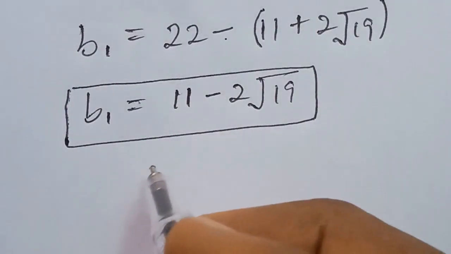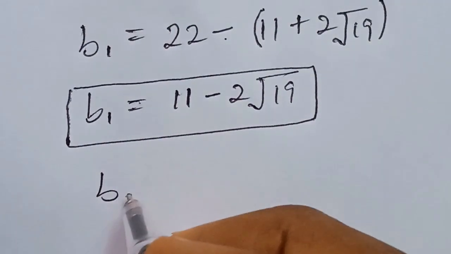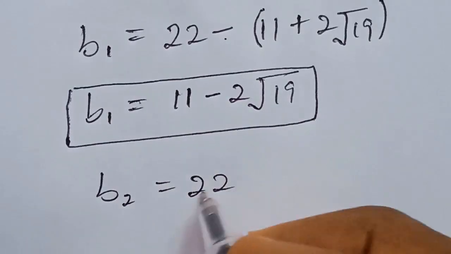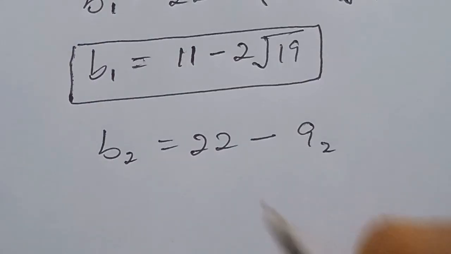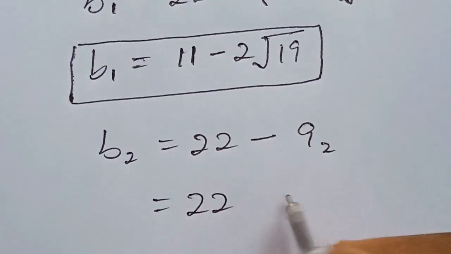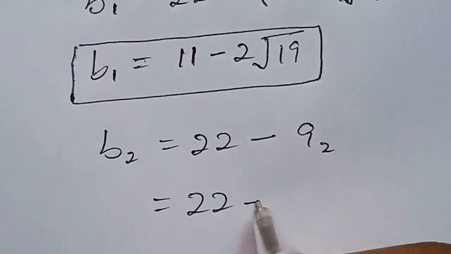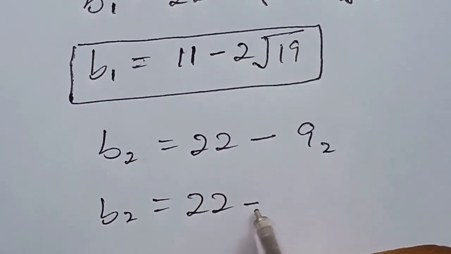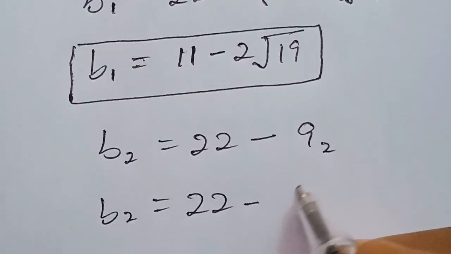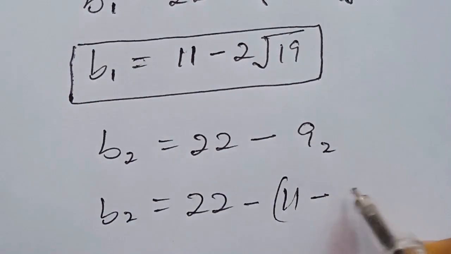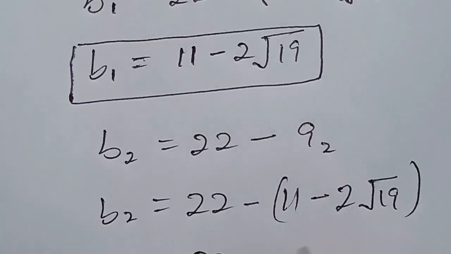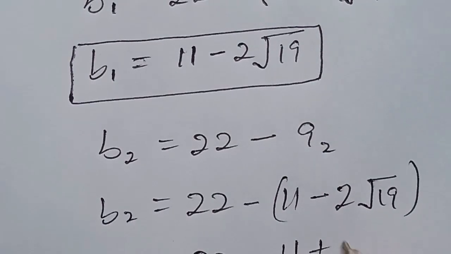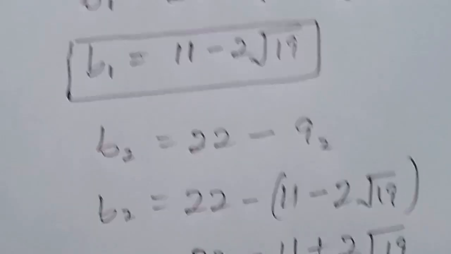Then to get b2, we have b2 equal to 22 minus a2. Our a2 is given as 11 minus 2 square root of 19. So this becomes 22 minus 11, then plus 2 square root of 19.